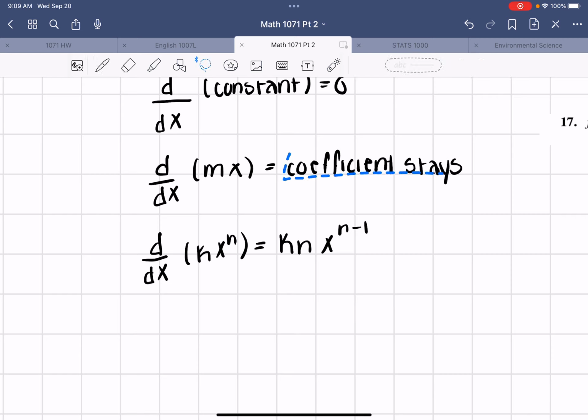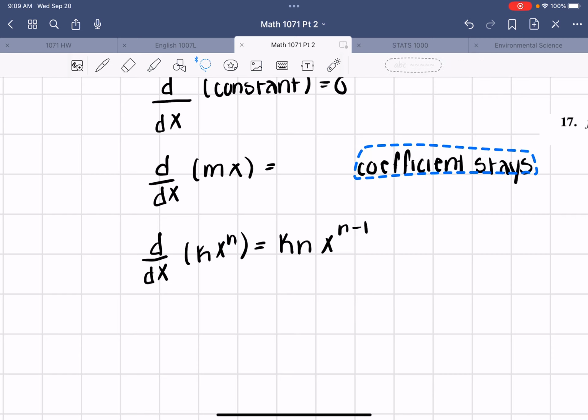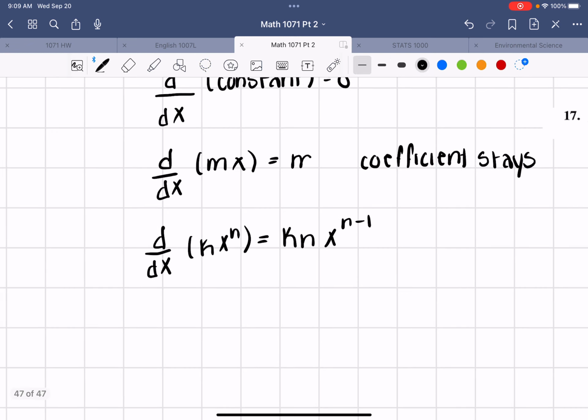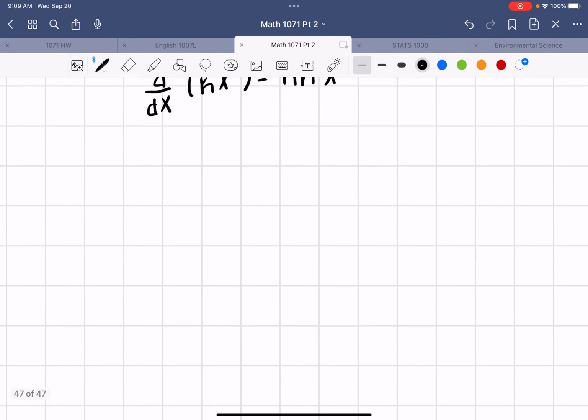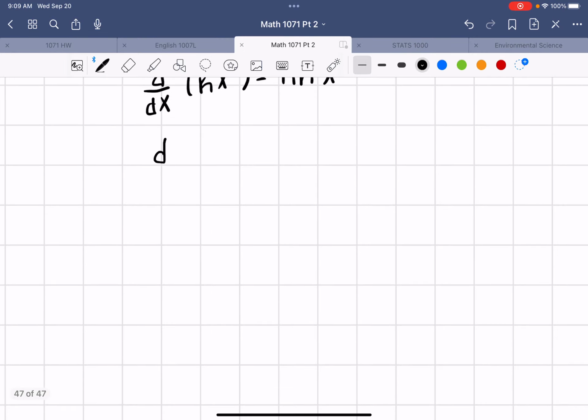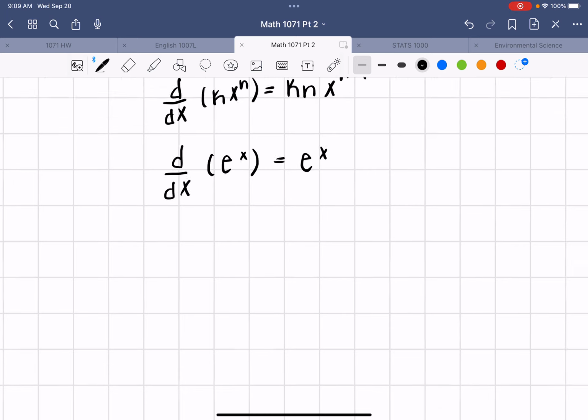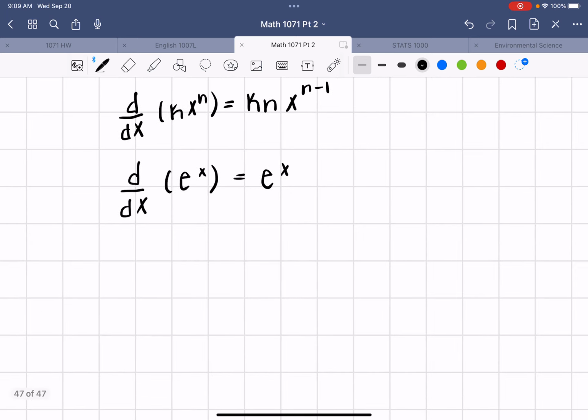The book gives you these without proof. I could prove them to you, but I think you'd rather I not. E to the x is the funny function that is its own derivative. E is the only number that'll do that. E is this funny, non-ending, irrational number.